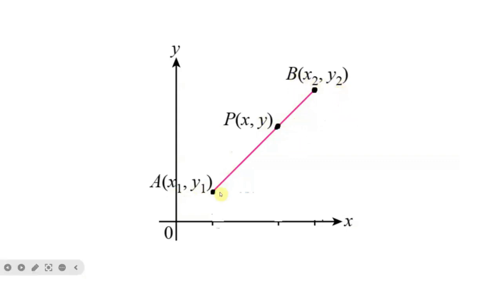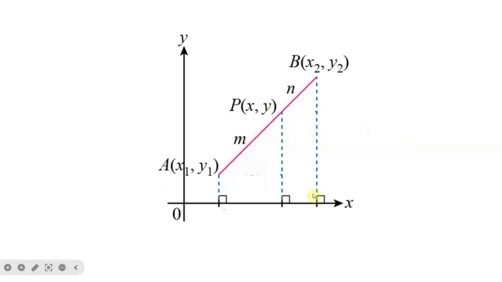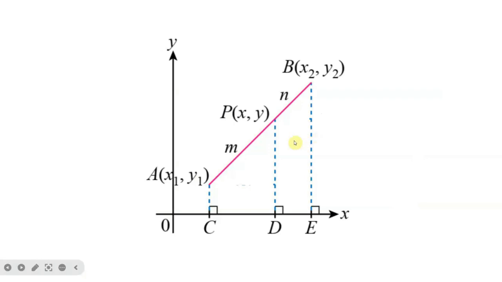Then if we draw a vertical line from all these 3 points, from A to the x-axis, from P to the x-axis, and B to the x-axis, we will have something which looks like this. And we are going to label these points C, D, and E. Notice that I also note down the ratio of the length of the line segment. For AP to PB, the ratio will be m to n.